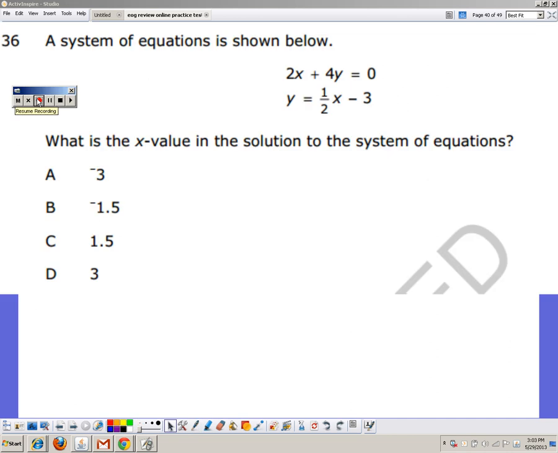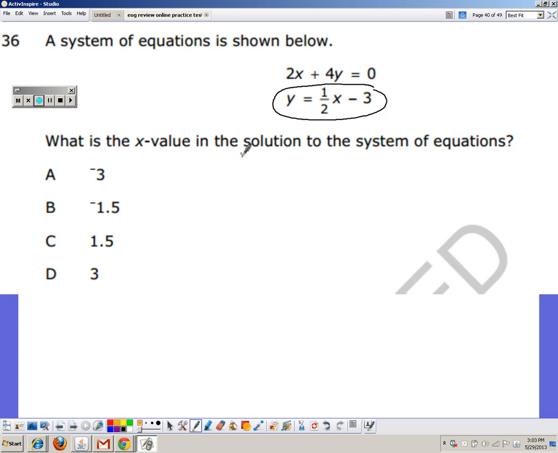This is a system of equations. They give you 2 equations with 2 unknowns. The first one says 2x plus 4y equals 0. The second one says y equals 1/2 x minus 3. Since they tell you what y is in the second equation, all we're going to do is plug this in for y in our first equation.